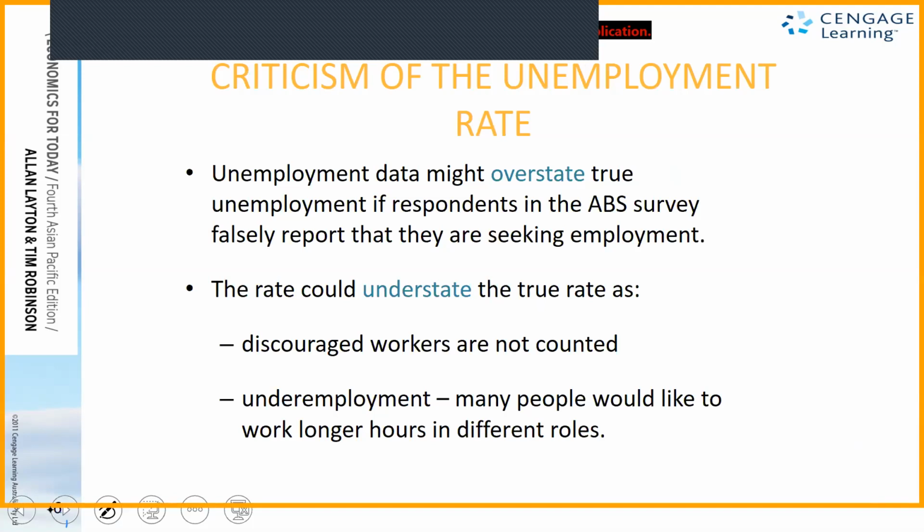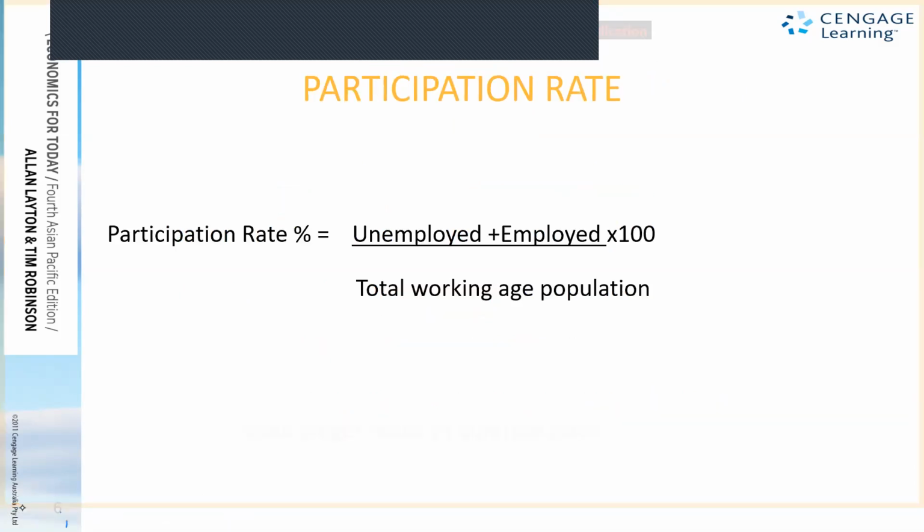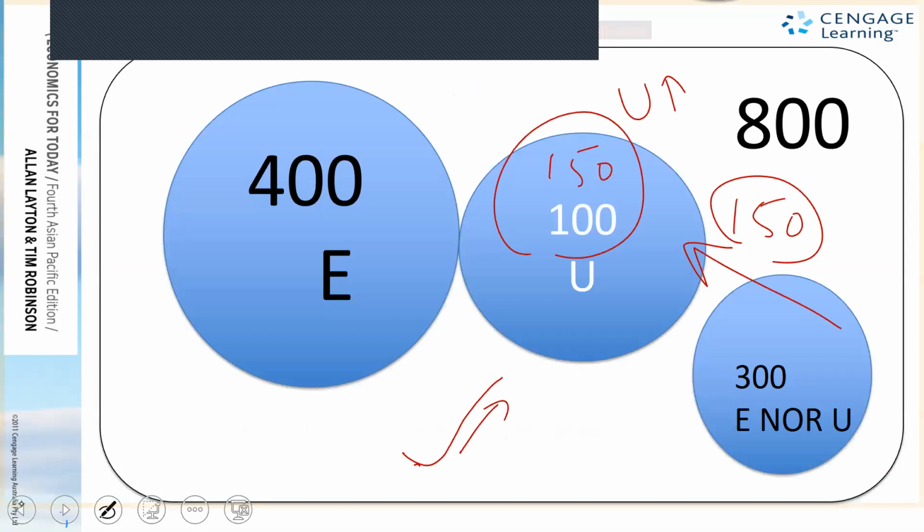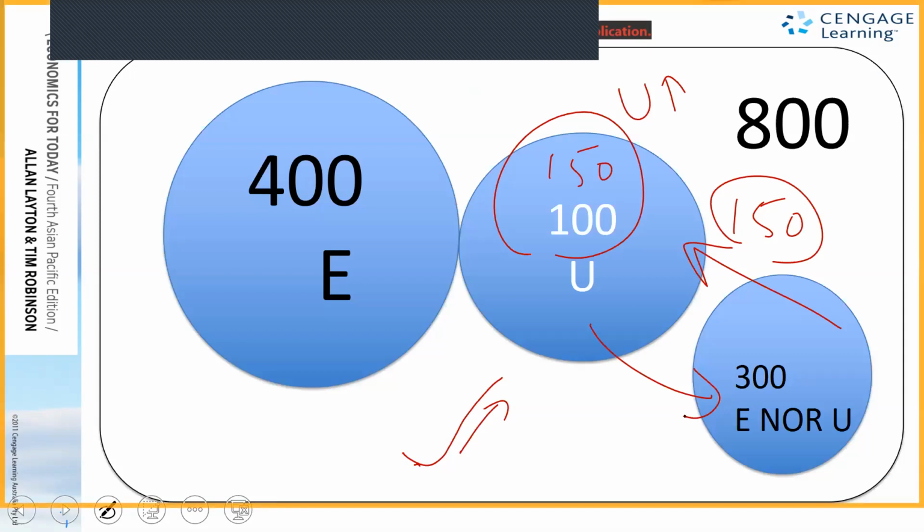And this is what actually brings on the criticisms of the unemployment rate. The unemployment rate can in fact be understated, sometimes because of discouraged workers, as we talked about in the earlier slides. There were 100 people who couldn't find a job and then they gave up. So automatically you would see that the unemployment rate is going down, but possibly it is not really going down.